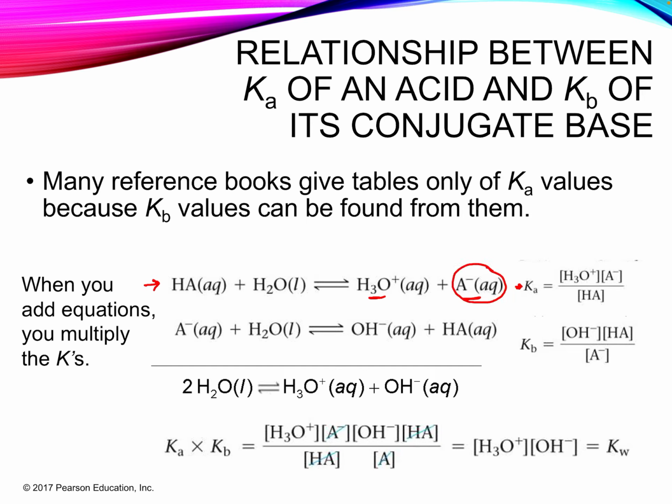So we can use Ka times Kb equals Kw, which is 1.0 times 10 to the minus 14. We can use that if we have Ka to solve for Kb, or if we have Kb, we can solve for Ka. Okay, so this is what you need.